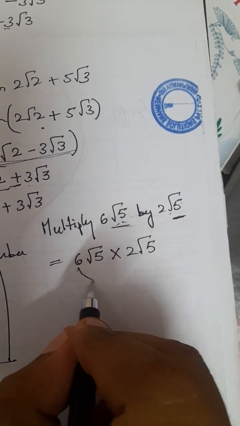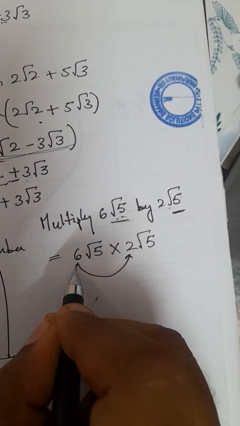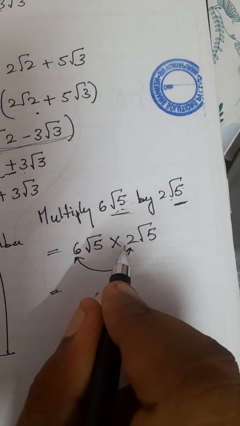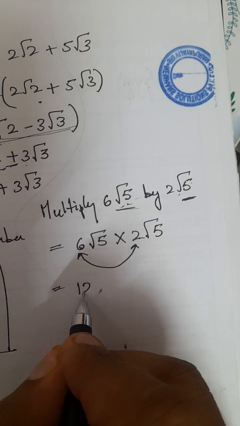First, let us multiply the whole number part: 6 into 2 becomes 12.